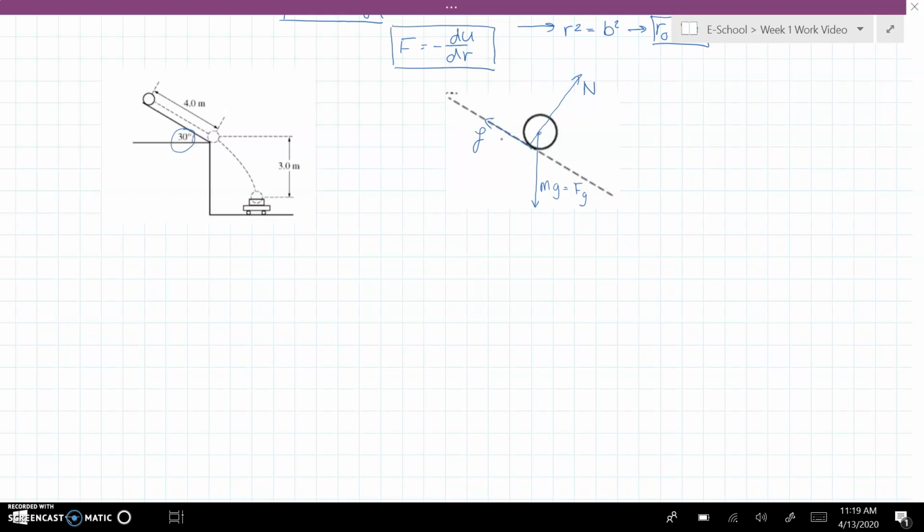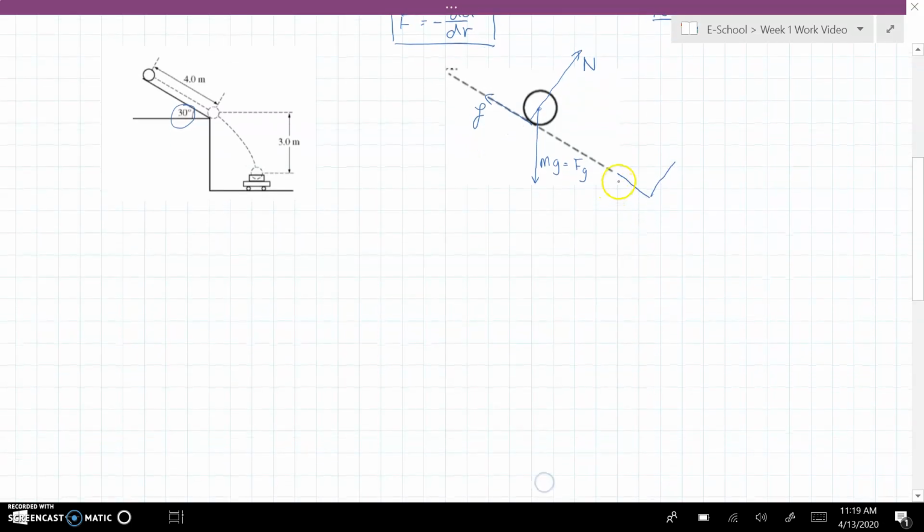However, I'm going to go one step further here, and I'm going to draw my components. Because if you recall from the dynamics unit, I've rotated my axes so that I have this as my new coordinate plane, where this is the x direction, and this is the y direction. Okay? With that being said, I know that I'm going to have components of the force of gravity. So let's go ahead and draw that triangle.